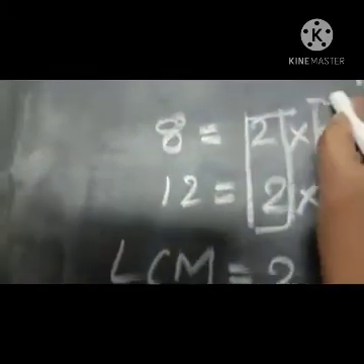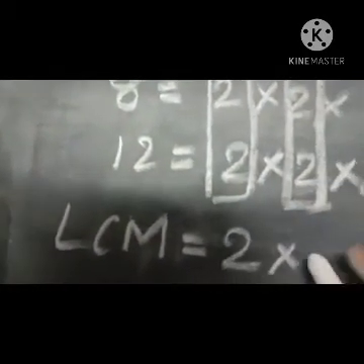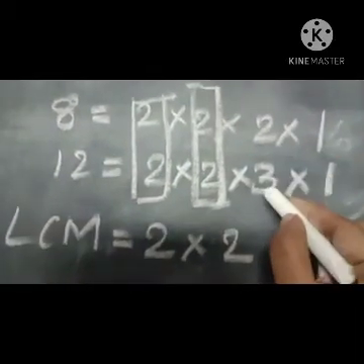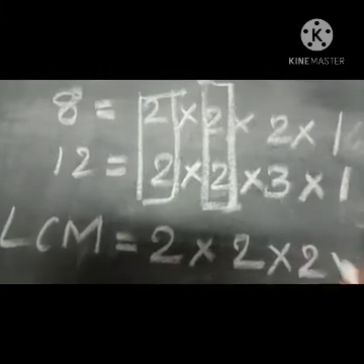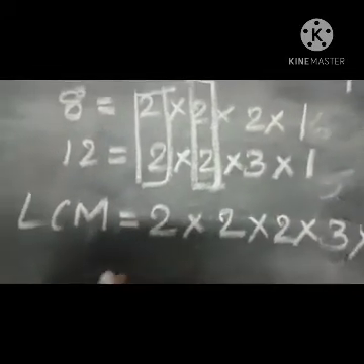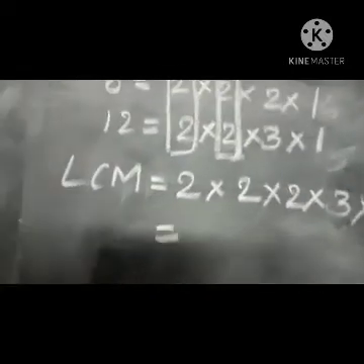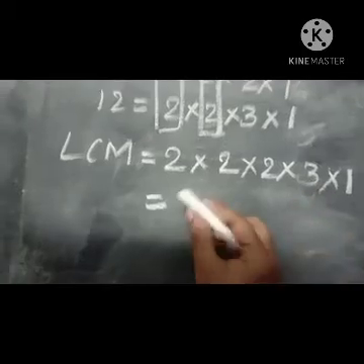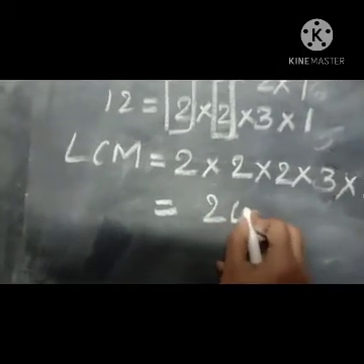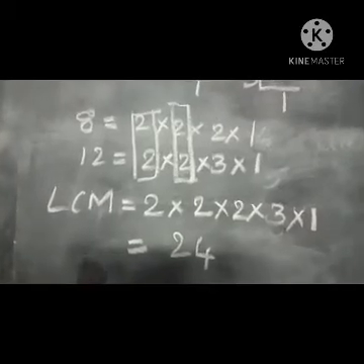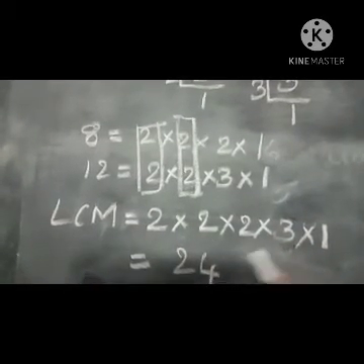The next 2 is also common, so write 2 again. Next, the remaining numbers are 2 into 3, and the last number is 1. So what is the LCM? 2 2s are 4, 4 2s are 8, 8 3s are 24.